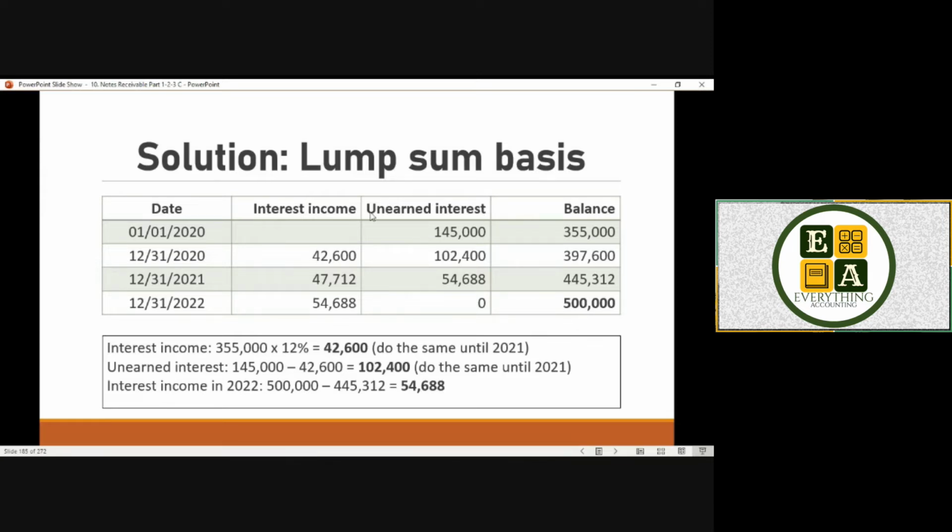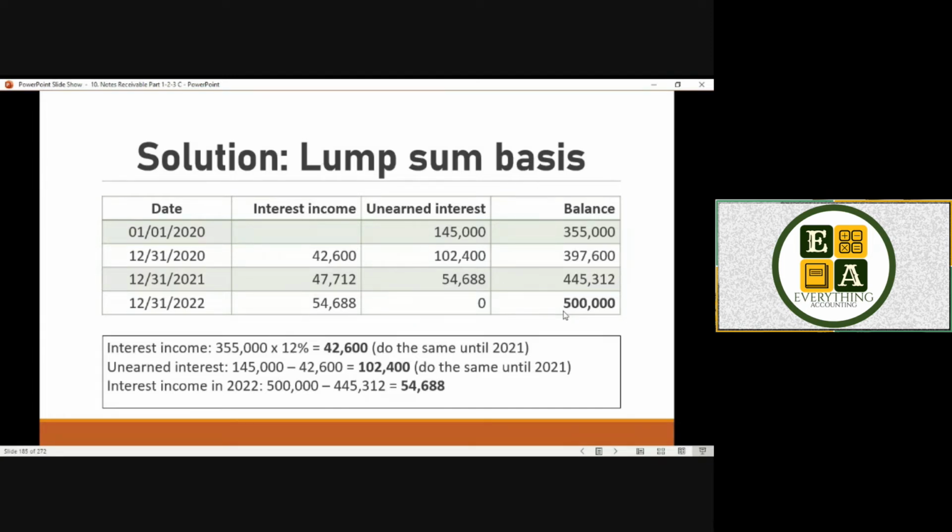In order to zero out the unearned interest, this 54,688, carry it forward here as an interest income. Then zero this out. Then 54,688 plus 445,312, that would equate to a full amount of 500,000. Okay? Because if we're going to compute for the interest income for 2022 on the basis of 445,312 times 0.12, it will not equal 54,688.